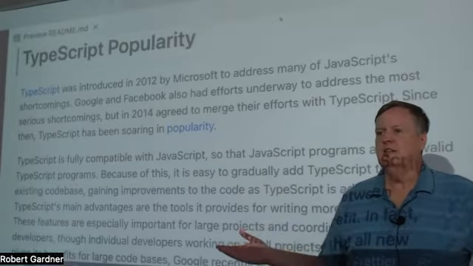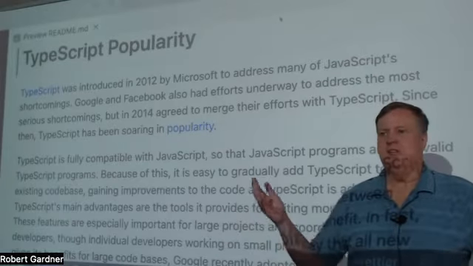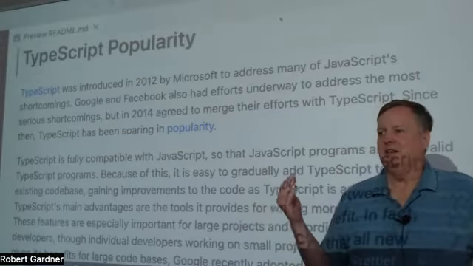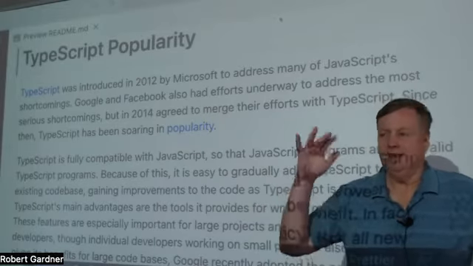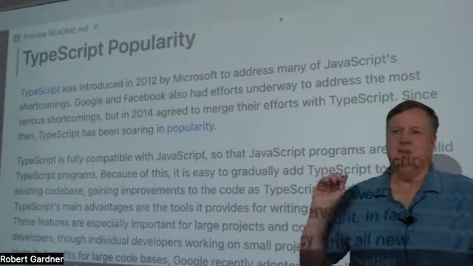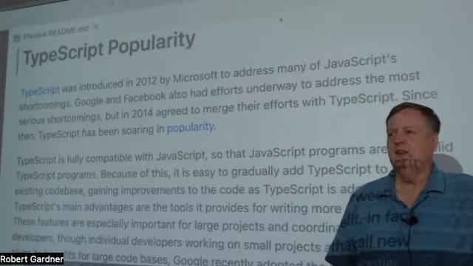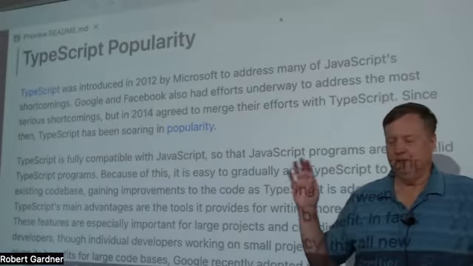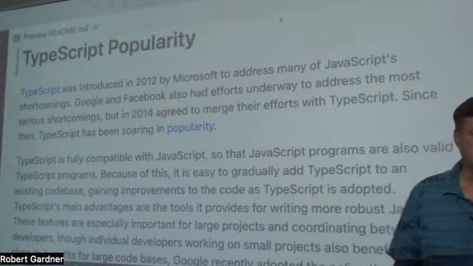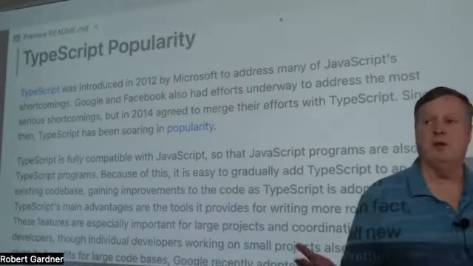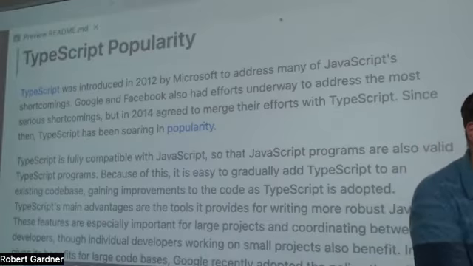So that's TypeScript's biggest claim to fame: it identifies at edit time probably 75% of all the bugs out there in the world. And that's a pretty amazing thing. It's just incredible what a big help it is and how it does that for you.